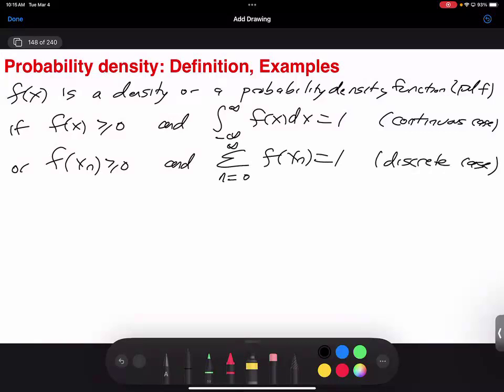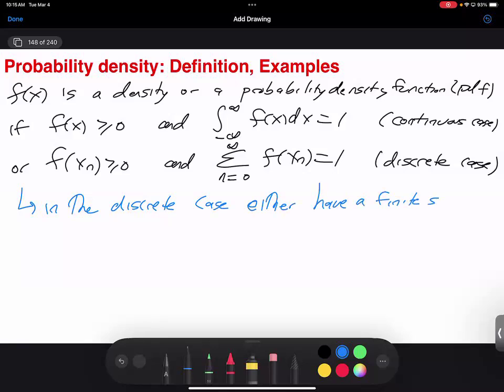I'm not allowing myself to sum over, say, all real numbers. This is technically summing over an at most countable set. So in the discrete case, we either have a finite set or a countable set.